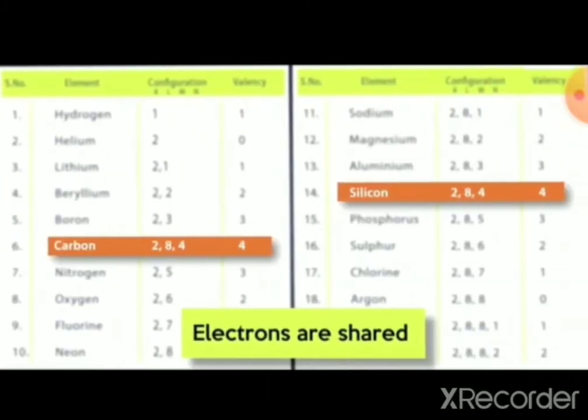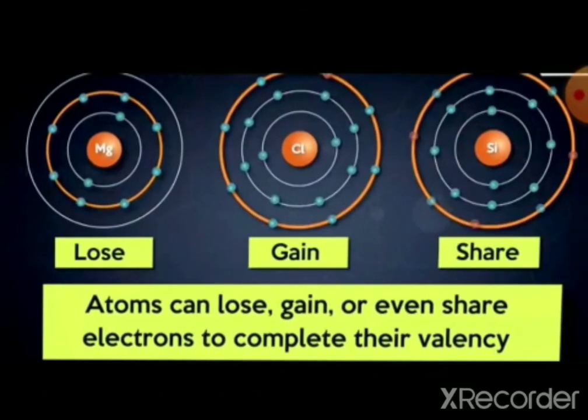In fact, the electrons are shared. So silicon and carbon can share their electrons without losing or gaining any electrons. In total we can say valency means to lose or gain or share.